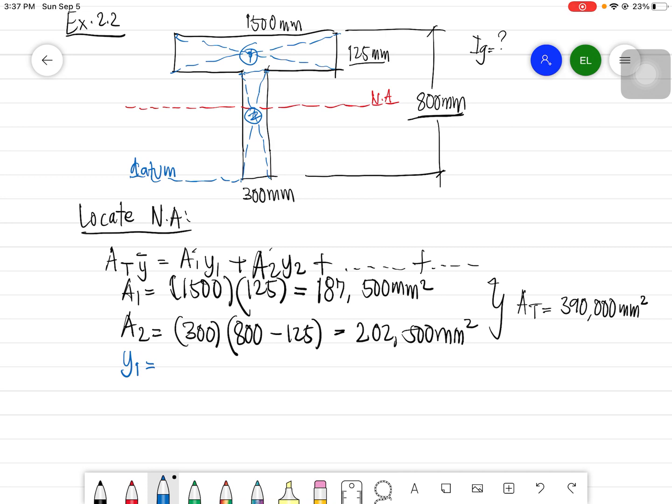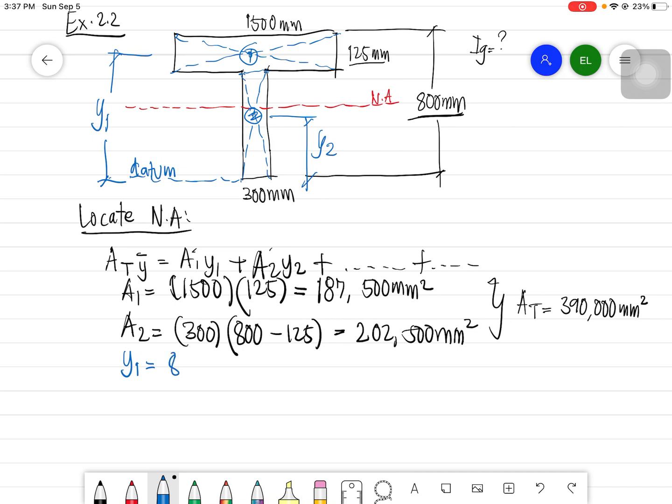But y1 will be computed this way, from the datum to the centroid of your area 1. Then y2 is the distance from the datum to the centroid of area 2.